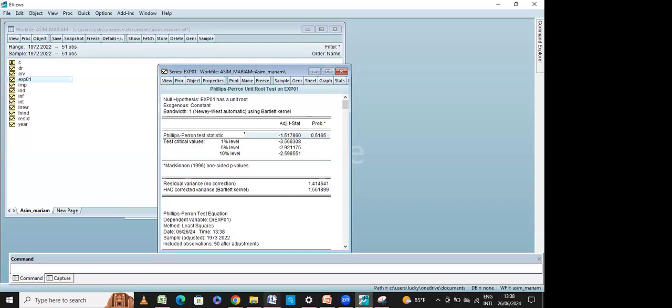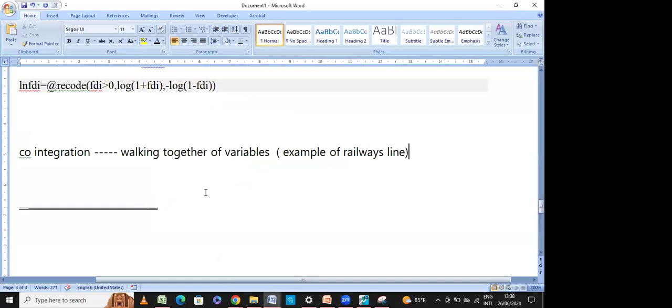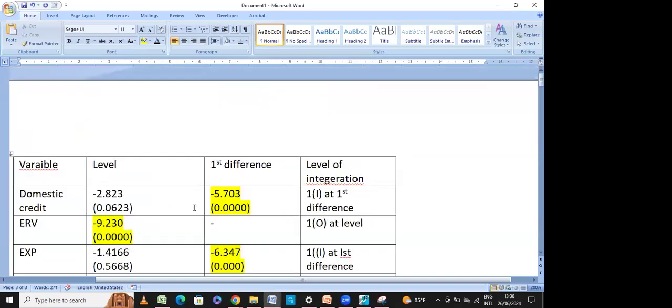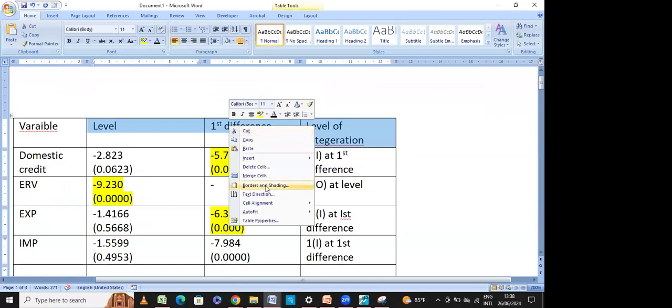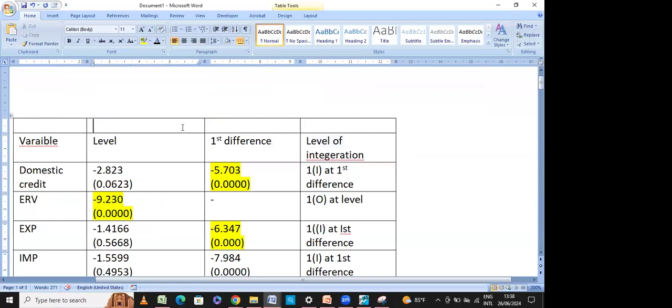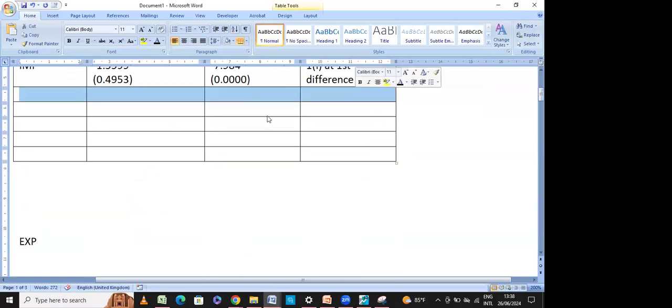When you are writing your paper, you can make two or three columns here. Let's suppose I insert above. Here I write ADF test, and here I can write one more, down here, PP.